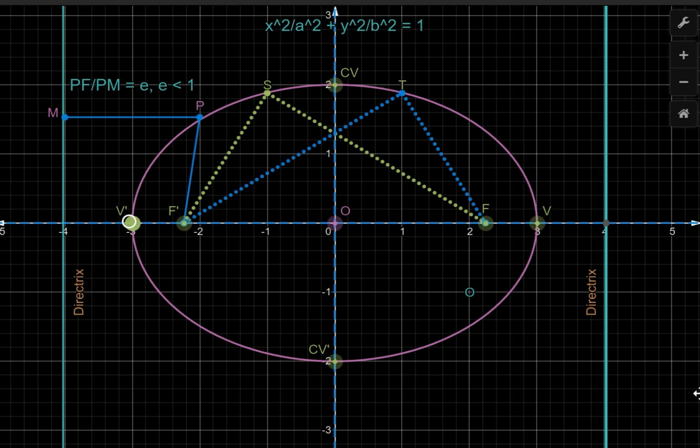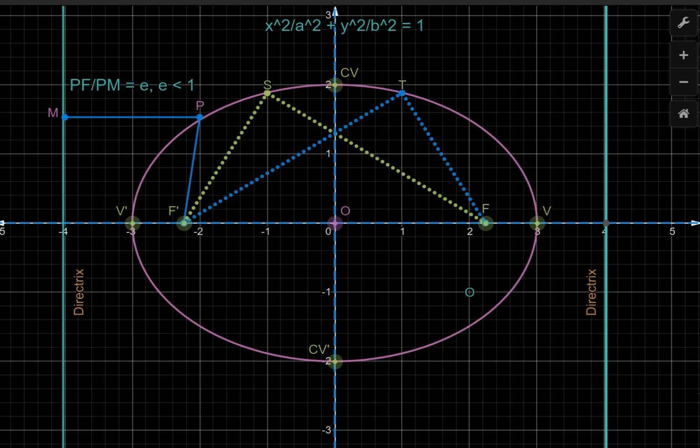If you consider the vertex, then from vertex, the focal point is one distance which we are looking into, and from vertex to directrix, directrix is this vertical line shown here, is constant and it is e, right? You know what V is? V is a distance a away from the origin.